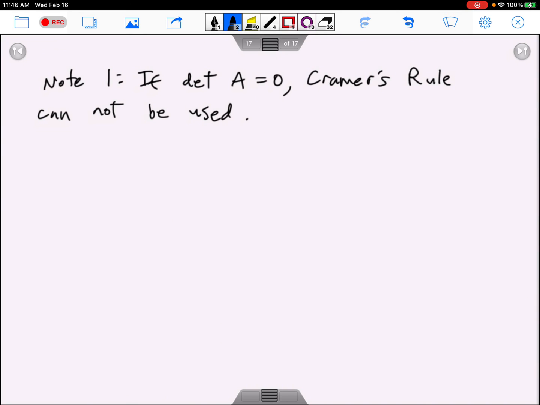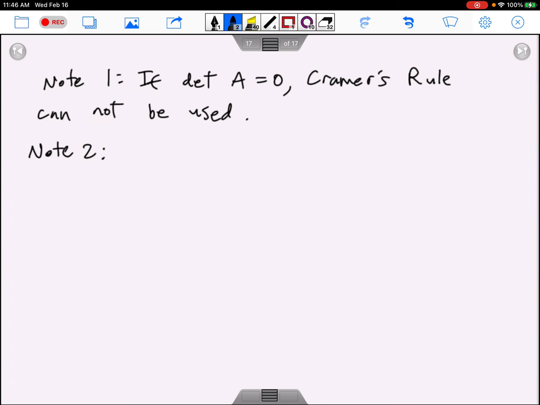That's something we have to remember, okay? Because obviously, if the determinant is 0, you can't divide by 0. And so this means that if you have no solution or infinitely many solutions, this method will not work to help give you the solution set.